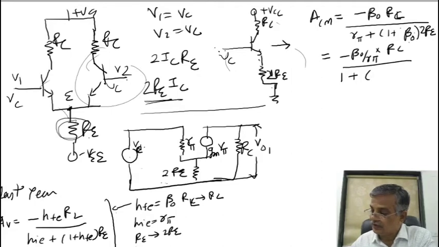Now this 1 can be ignored compared to this term, so I can write beta 0 upon R pi into 2RE.